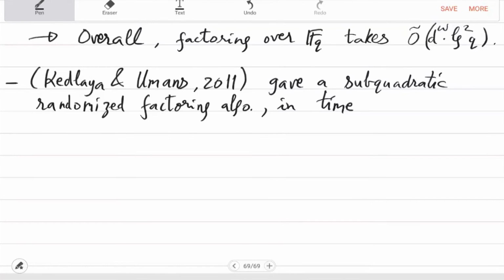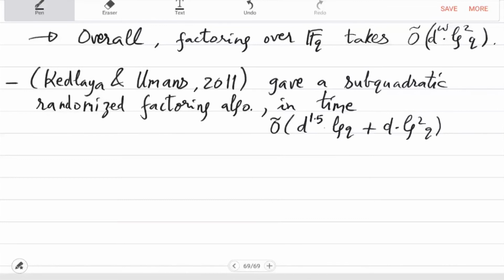So its time complexity is something like d to the 1.5 log q plus d log square q. Okay, so this is instead of d to the 2.41, this is d to the 1.5. Okay, it is sub-quadratic. It is still not linear time, but this is the best known.